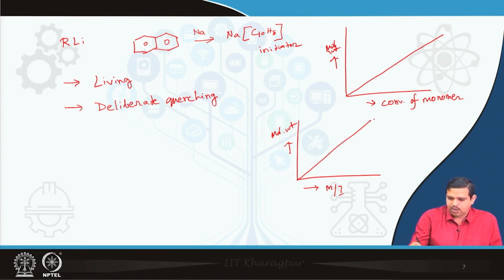So, you will see that you can get the high molecular weight polymer by changing the initiator ratio. So, if it is living, you can predetermine the molecular weight which we are synthesizing by changing the initiator and monomer ratio.